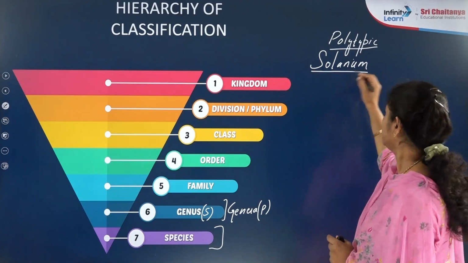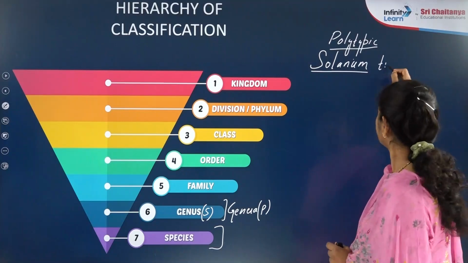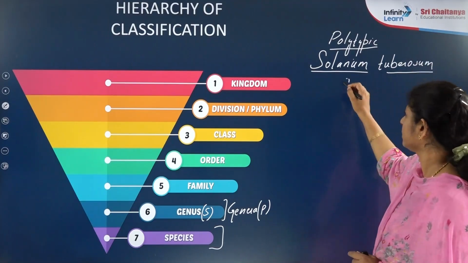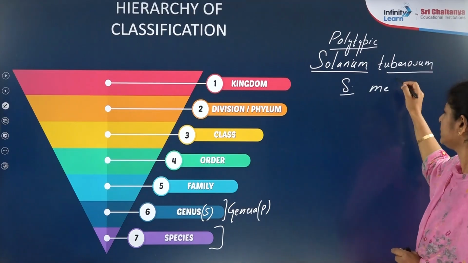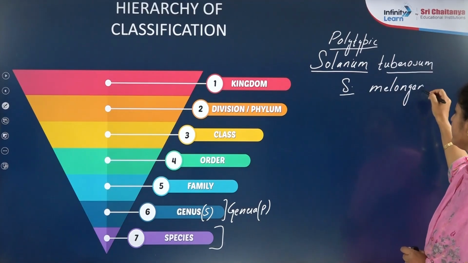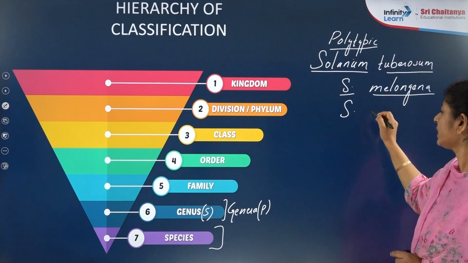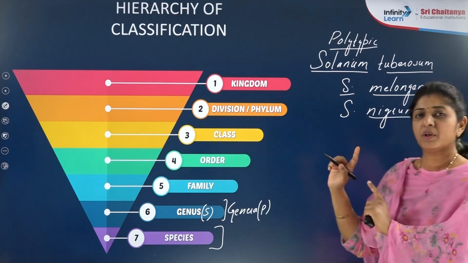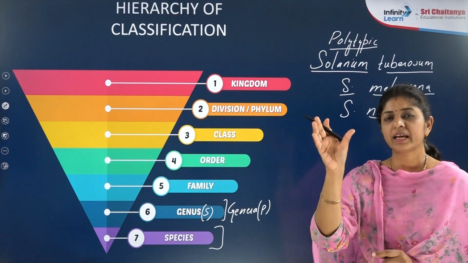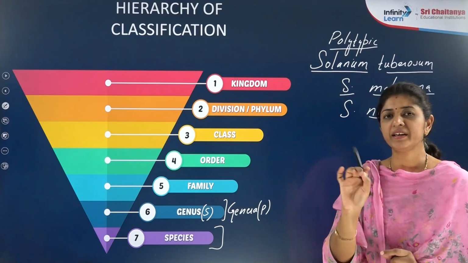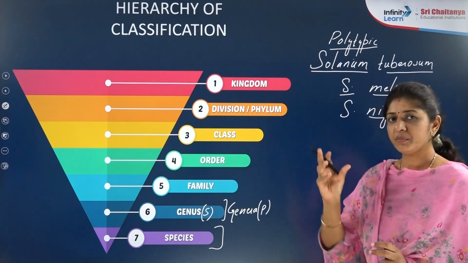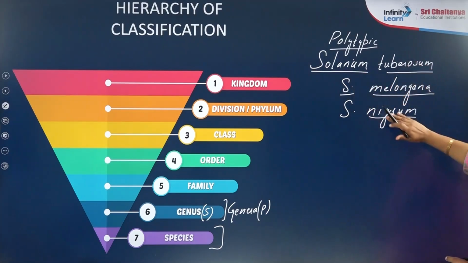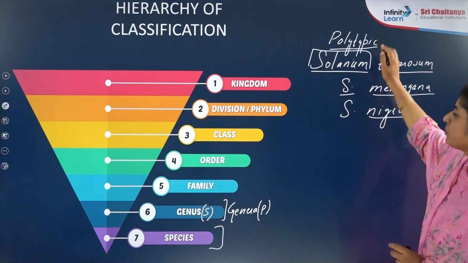Like Solanum tuberosum, which is potato; Solanum melongena, which is brinjal; then Solanum nigrum, which is makoi. It is given in your morphology chapter under the diagram, that makoi word. You will not find it written anywhere else in your NCERT. So be careful, this is important. So Solanum has so many species, so this genus is polytypic.